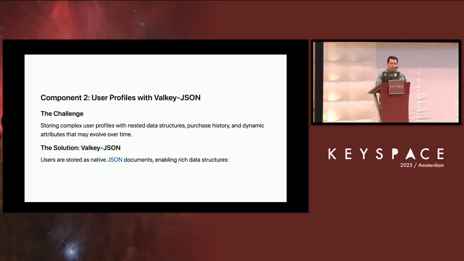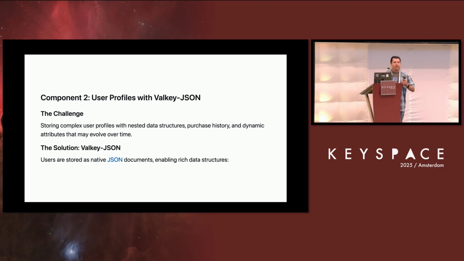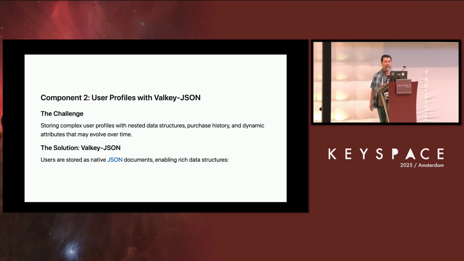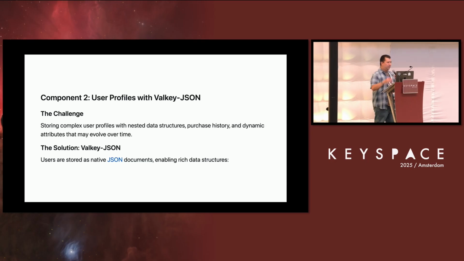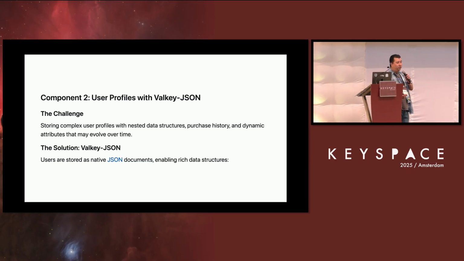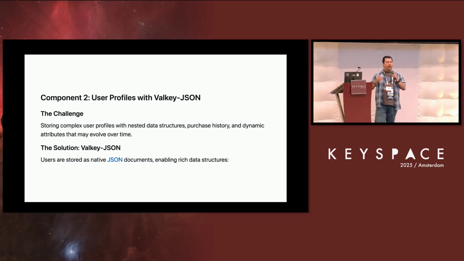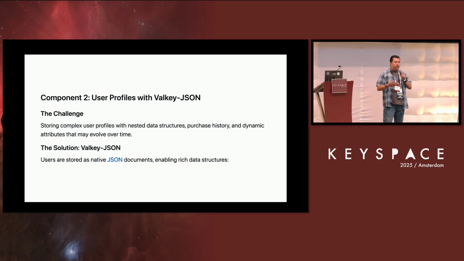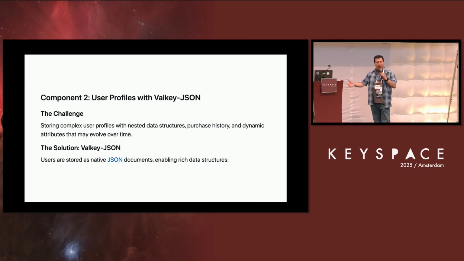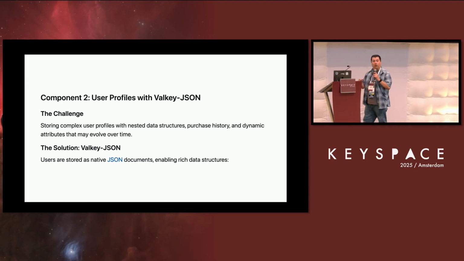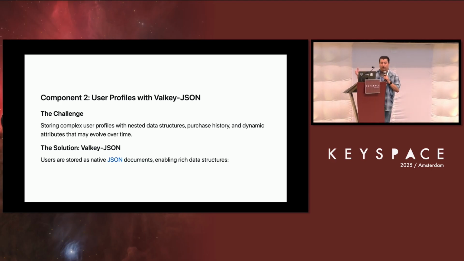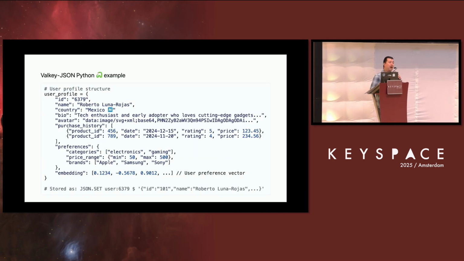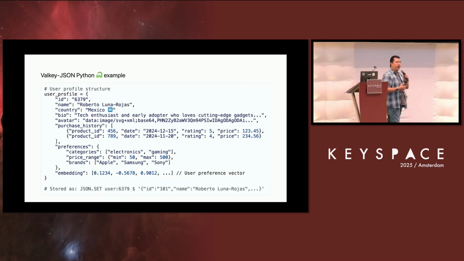Now, Valkey JSON allows us to have nested elements. I asked earlier if you were using JSON, right? Essentially, you will reach for it when you have a structure that you need to nest elements within, and you want to access them in a particular order. One of the cool things about Valkey JSON is that you have the ability to use JSON path queries.